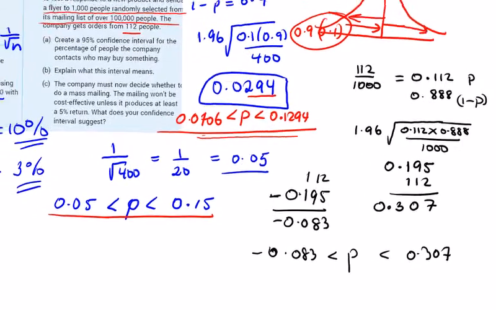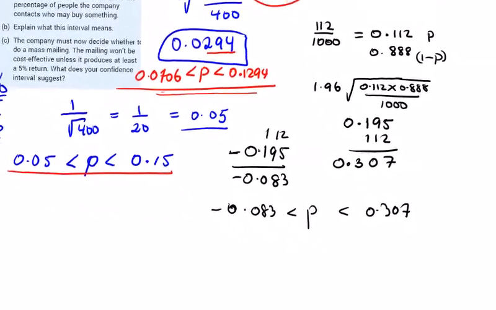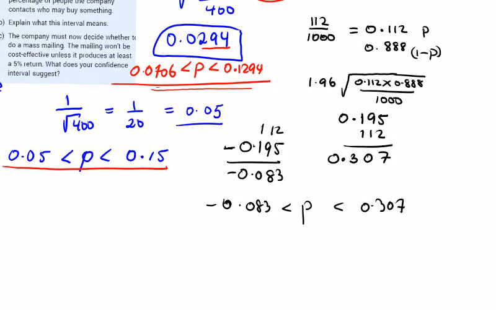And we're asked to comment on this, explain what this interval means. Well, that's between 0% and 3% kind of. Well, I left an extra 0 out here. It's 0.3. So between 0.3% and nearly 0.1%.